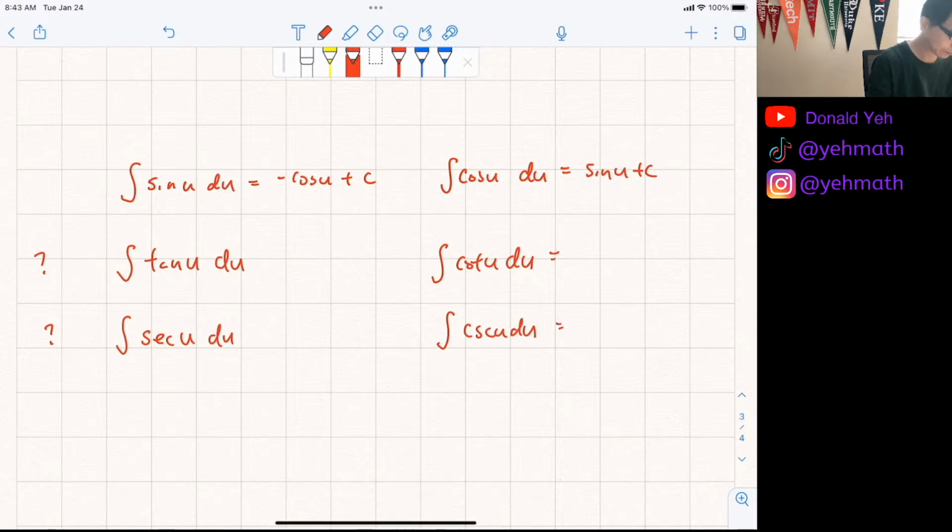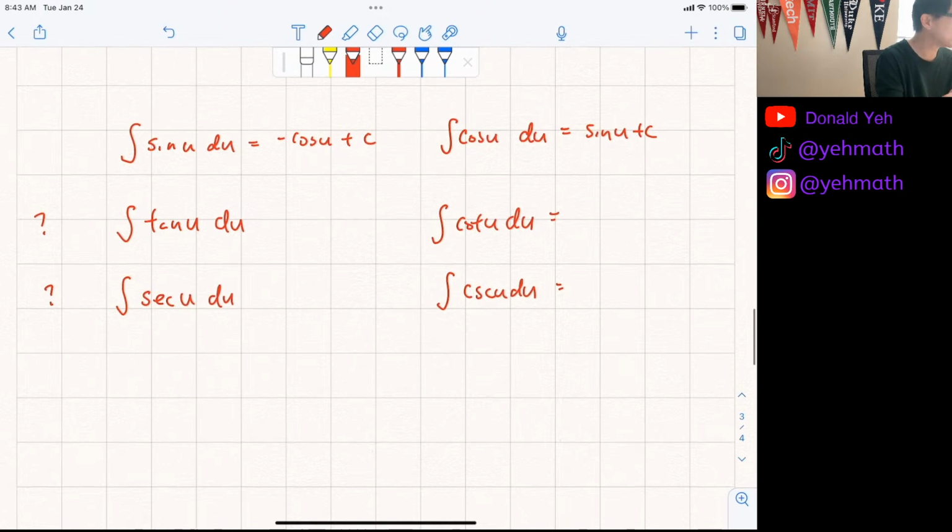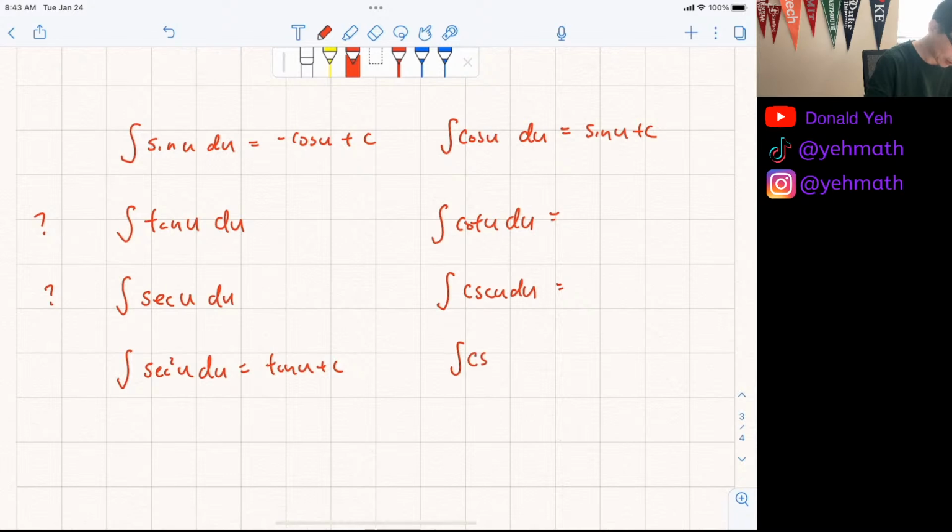We don't know about these, but we also know something else from before. We know the integration of secant square of u du. What's the integration of secant square of u du? Tangent of u. Good. And cosecant square of u du, this one we also know as well, it's negative cotangent of u.